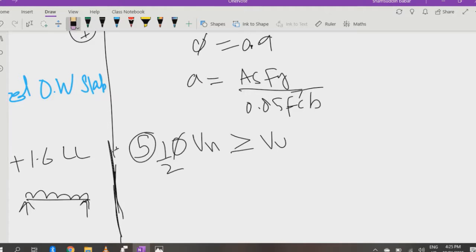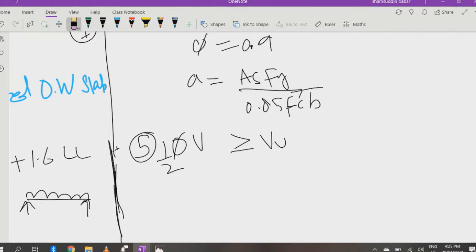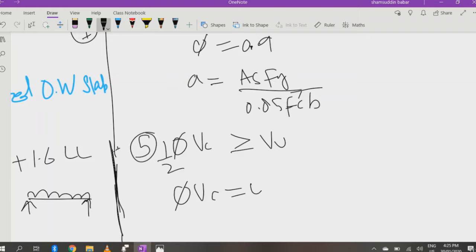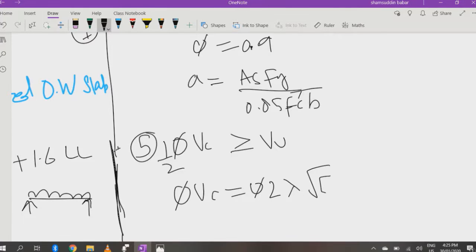It's not Vn actually; usually it is named as phi Vc, and the formula for phi Vc is equal to phi times 2 lambda radical f of c dash times b and d.